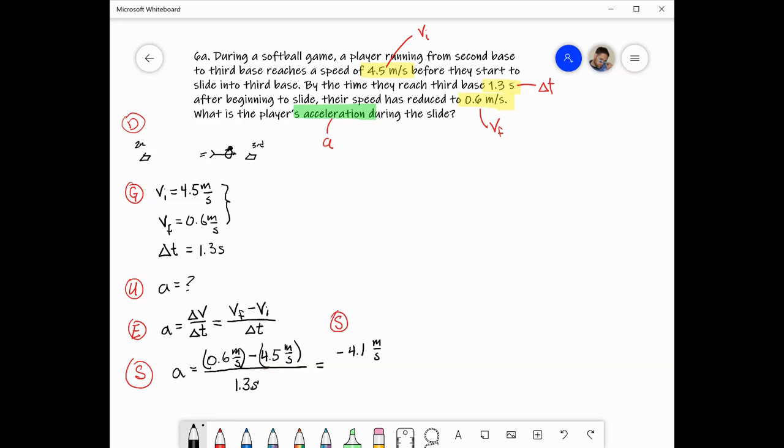And my time now, I'm going to use this on my calculator, making sure that I've got this right. So I'm going to divide that by 1.3 seconds, making sure that I've got 0.6 minus 4.5. Minus 4.5.